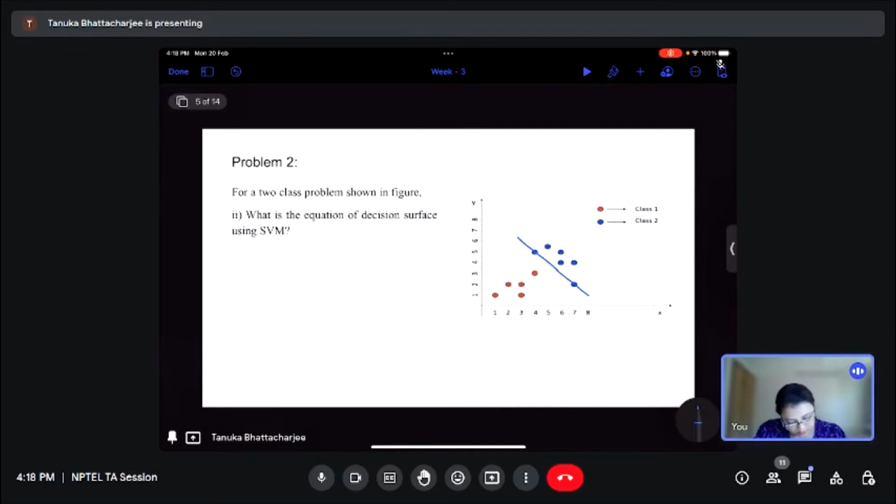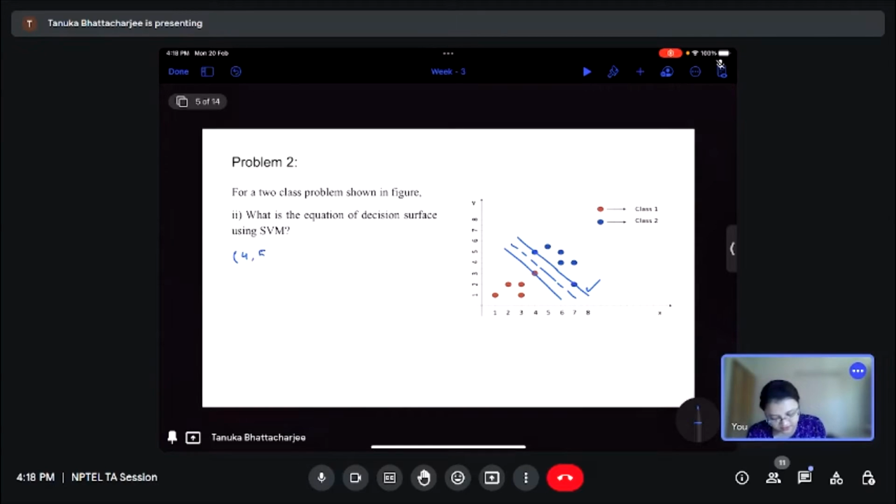We will also compute this boundary, which is the boundary for class 1, and our decision surface will be midway between these two.